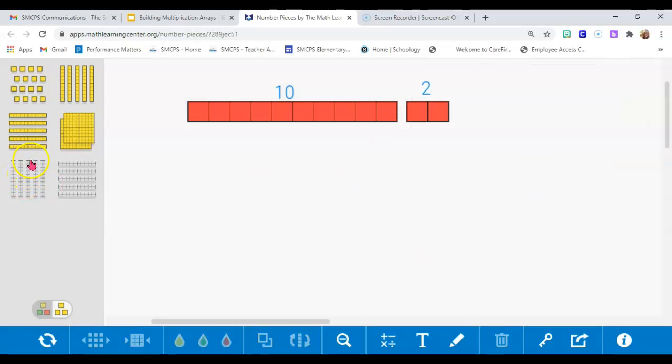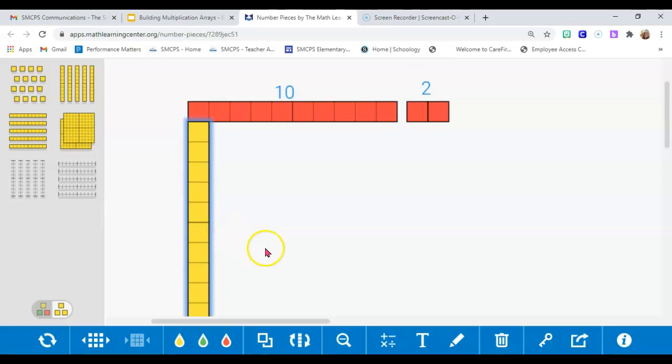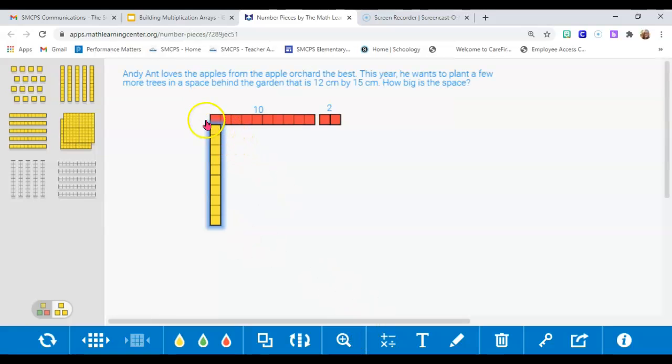Now I need to make 14. I know that I can make 14 by using a strip and 4 units.